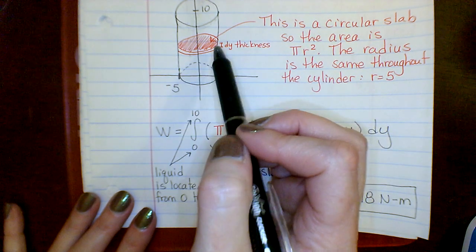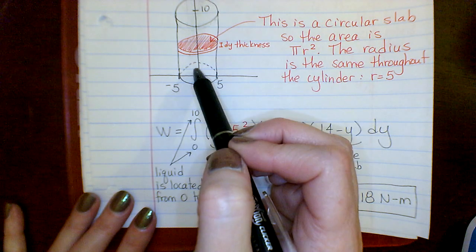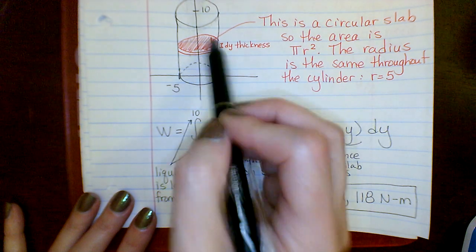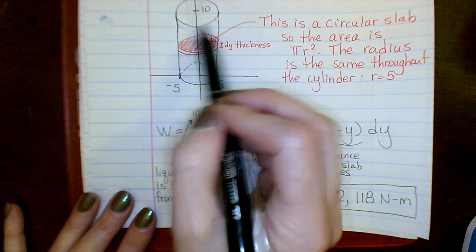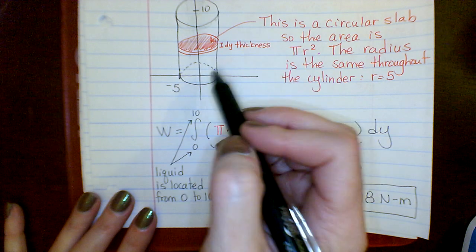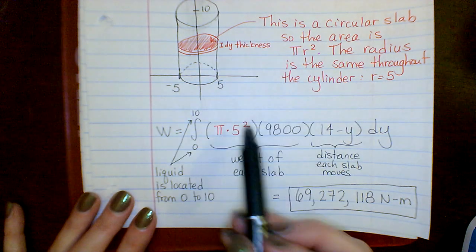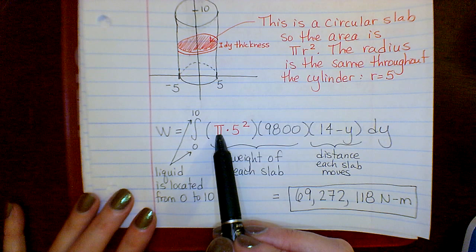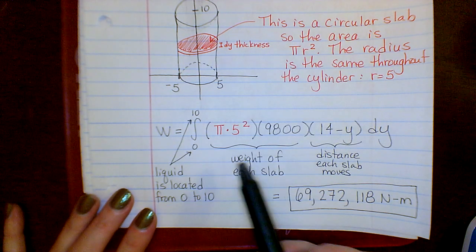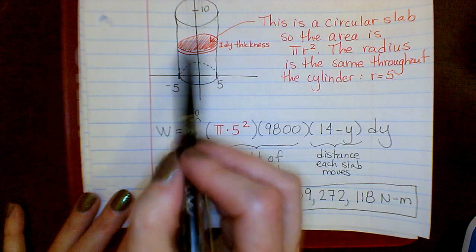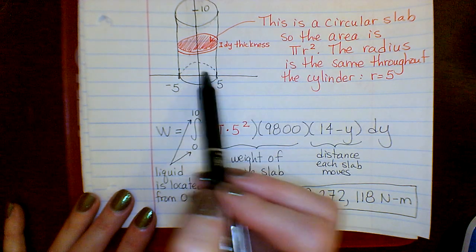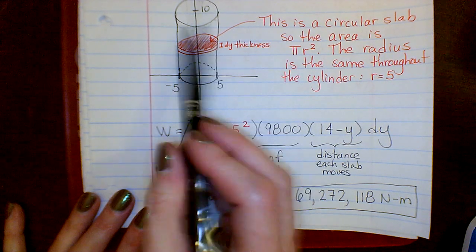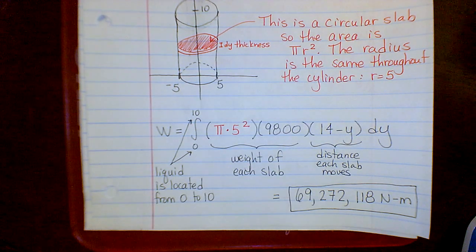If we have something that's, say, cone-shaped, to where these circles aren't the same throughout, if they're varying in size, then, of course, this is going to have a variable to it. But I started off with a cylinder because, you know, it's a little bit nicer. We can see that the radius of all these circular slabs is going to be 5 throughout.